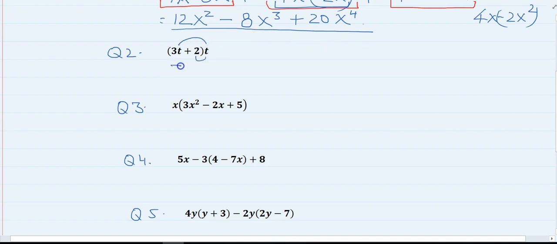So it will be 3t multiplied by t plus 2 multiplied by t. These are the powers 1 and 1. So when we multiply we add the powers, so it will be 3t square plus 2t.